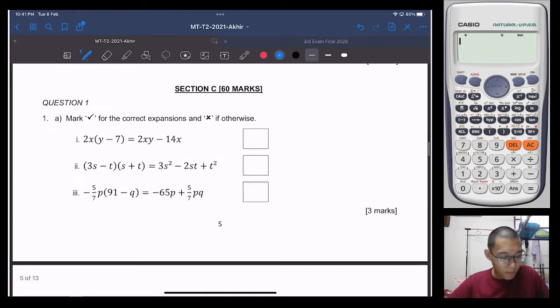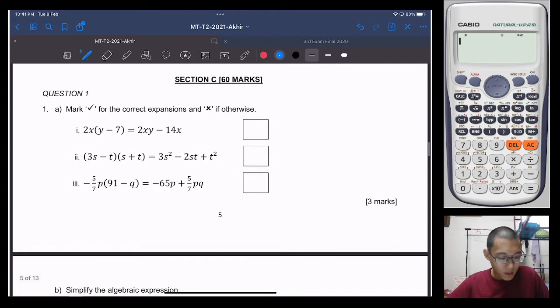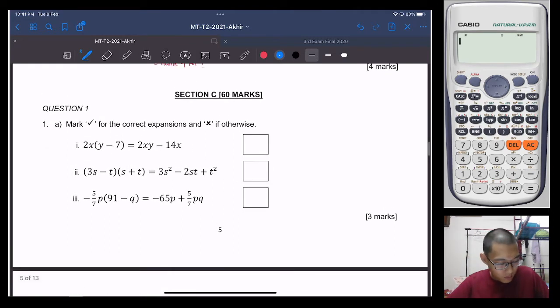Question 1: mark a tick for the correct expansion and cross if otherwise. So let's see how you find out. For this expansion, you use 2x times y and 2x times negative 7, or I just use minus with 2x times 7.